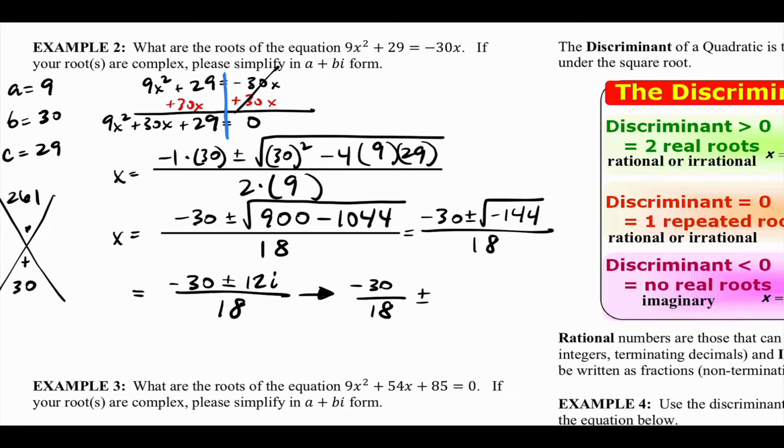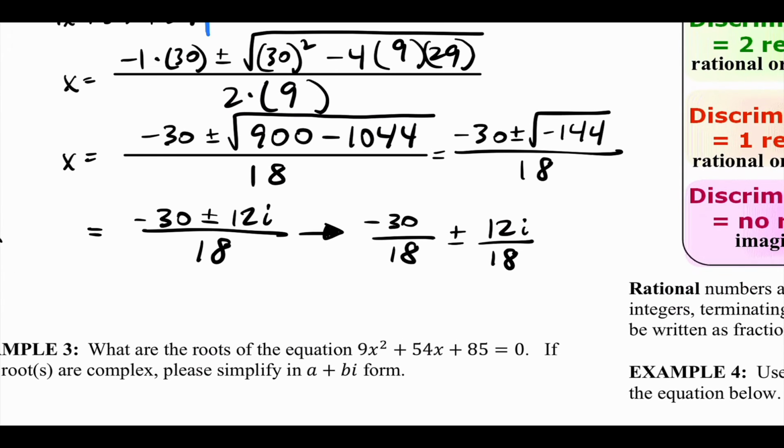Since it's got an i, they want me to split it up, just like I did earlier. So both divided by 18. Split them up again because one's got a plus and one's got a minus. So actually, let's reduce right now then.